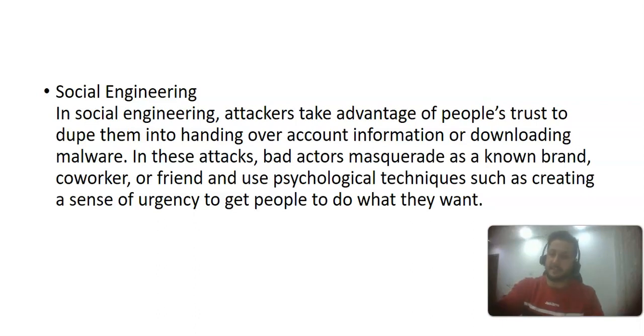But it turns out your friend's account has been hacked, and that person is pretending to be your friend, using a false identity to seek money out of you. These are the attacks you should be aware of.